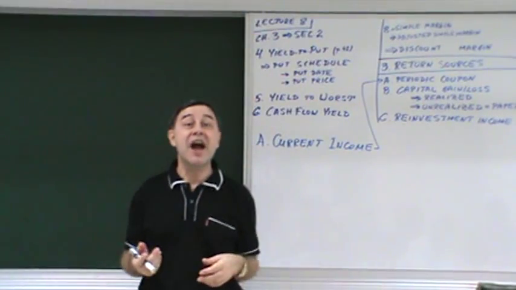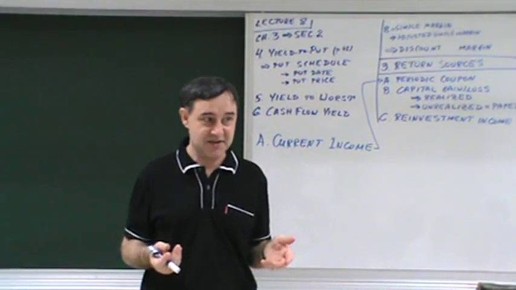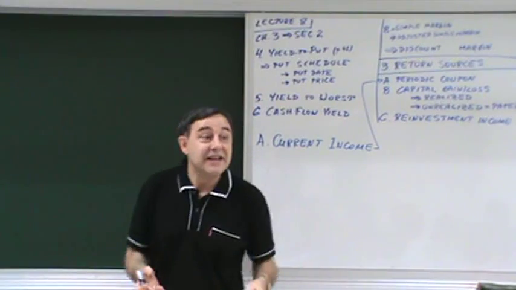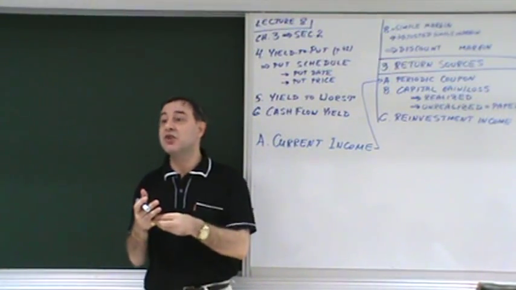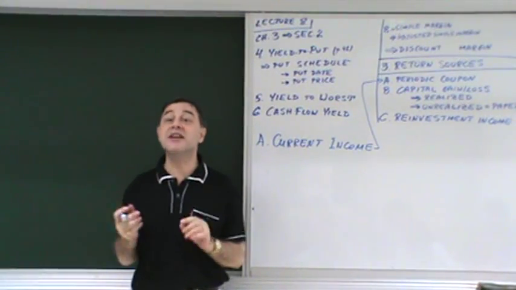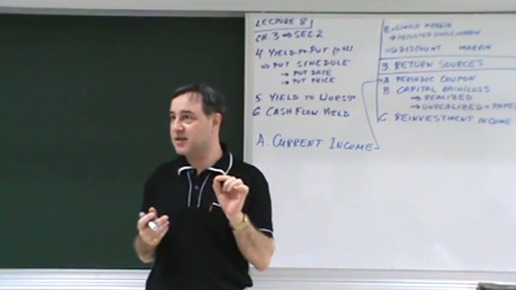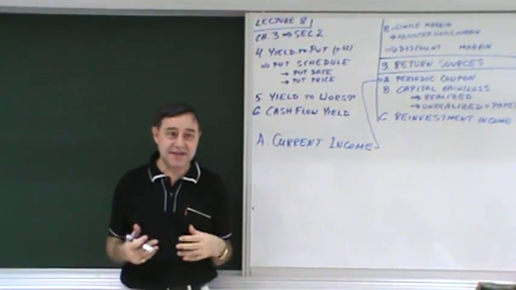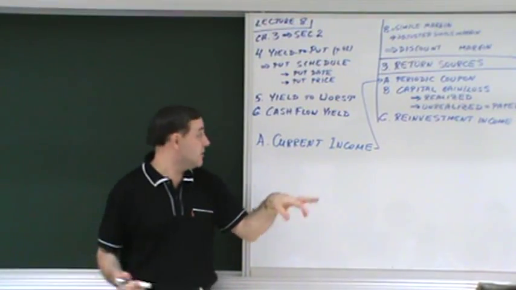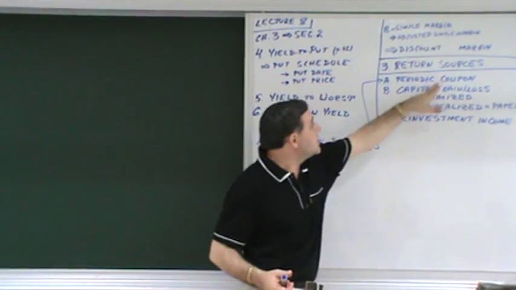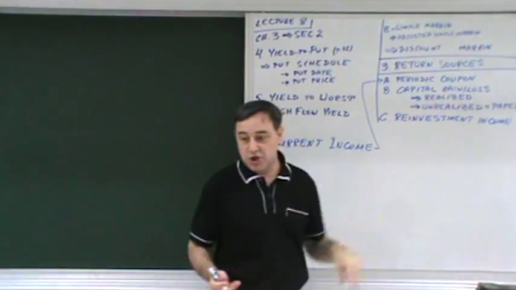It applies for commodities. If you have gold, it's the rental rate of gold. We call it lease rate. Okay, so every asset has a current income, and the current income of bonds is the periodic coupon.